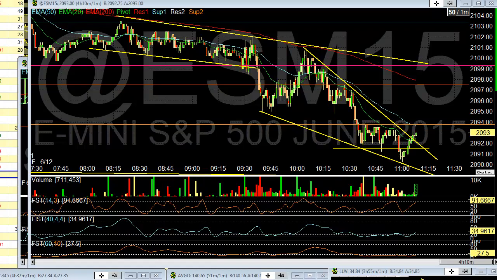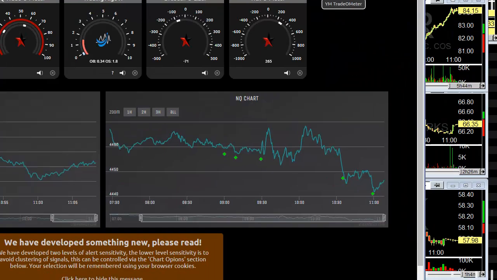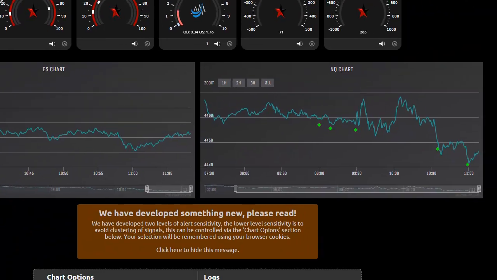But technically speaking, we're starting to look at some levels. You have this nice little falling wedge. You had the tradeometer set up. We have the trade, but slowly moving. The NQ seems to be on target today, meaning this is the one that seems to be keying in and really moving nicely. We're not seeing anything on the ES yet.